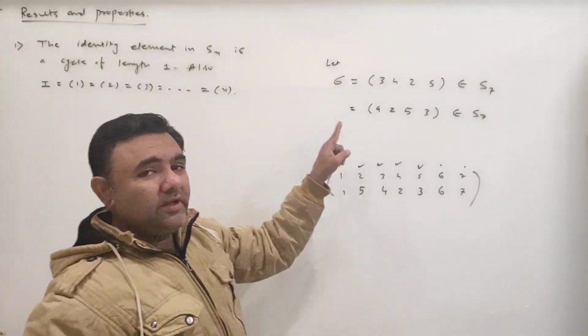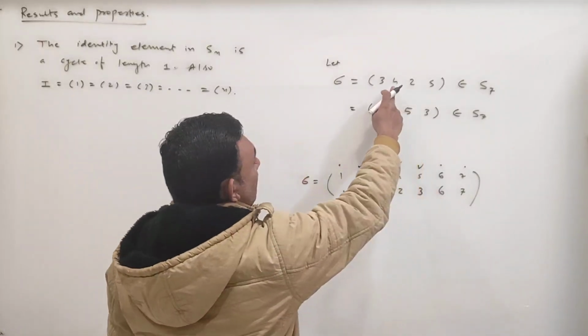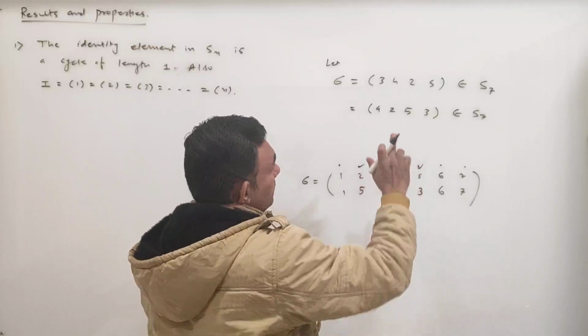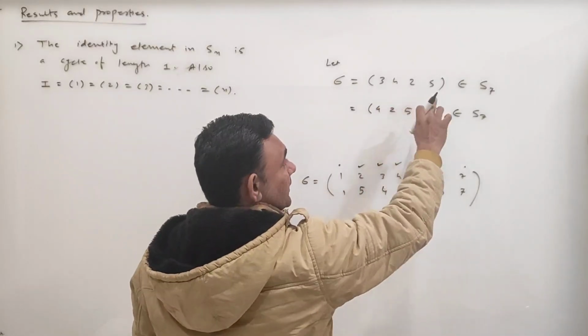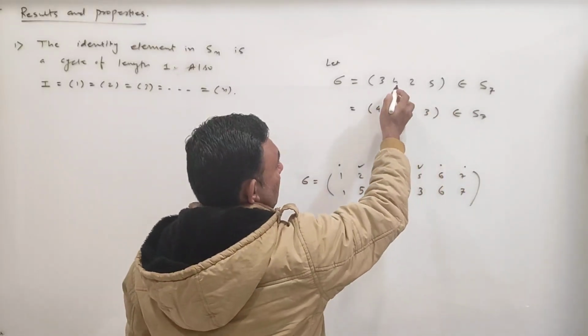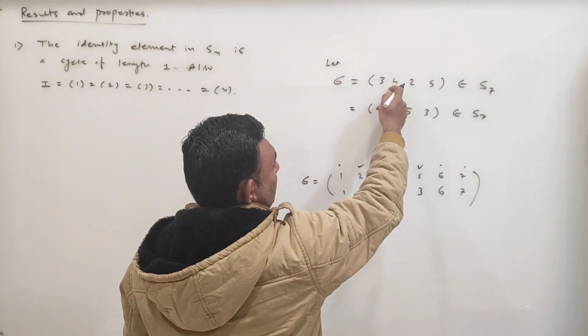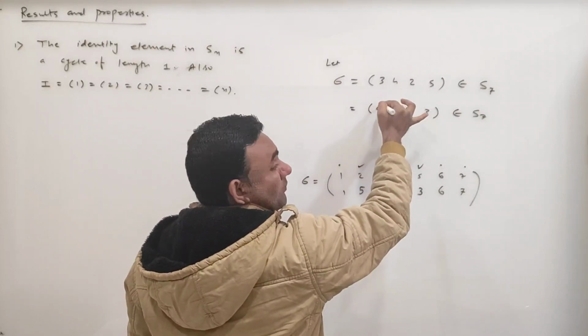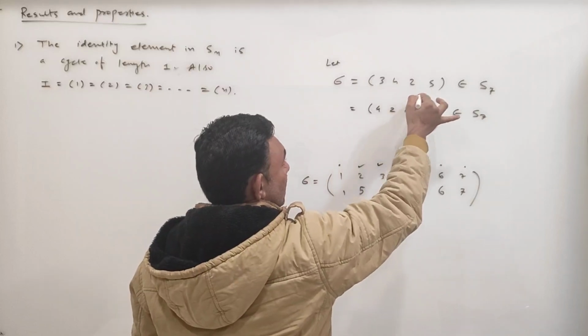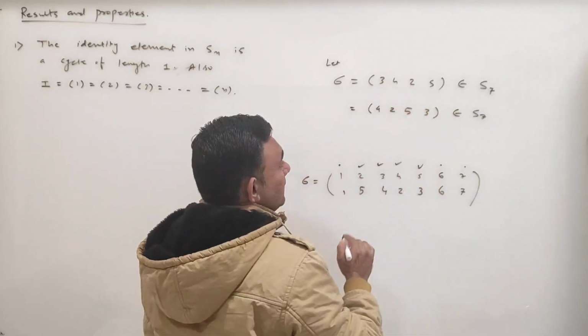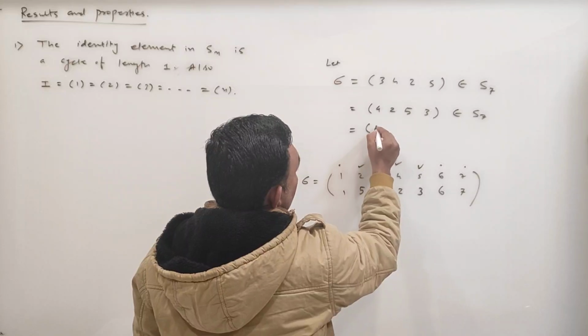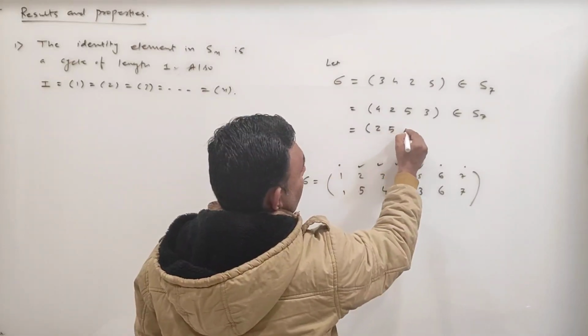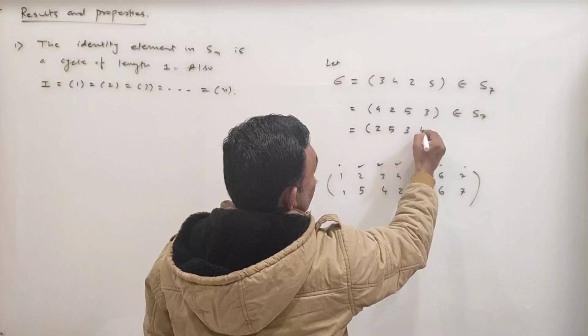So what I did here, I changed the order of these elements, but in a particular manner. I have considered 4 on the first, then 2, then 5 and then 3, right? So, let me consider it in this way: 2, 5, 3 and then 4.